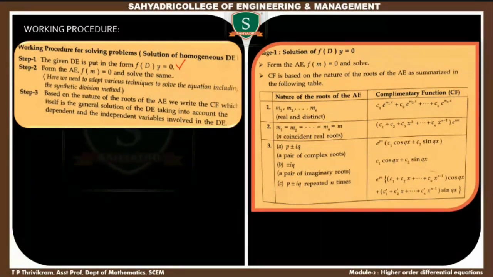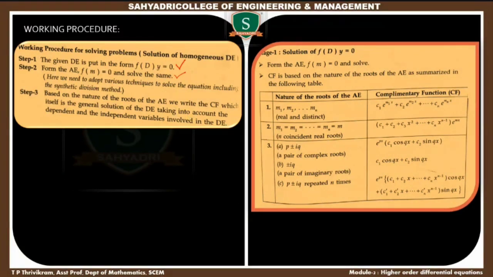Then replace D with m. We call it the auxiliary equation. Similarly, solve for m using different techniques, that may be synthetic division or a division method, anything. Based on the nature of the roots, we will decide in what way we have to write the general solution or complementary function.